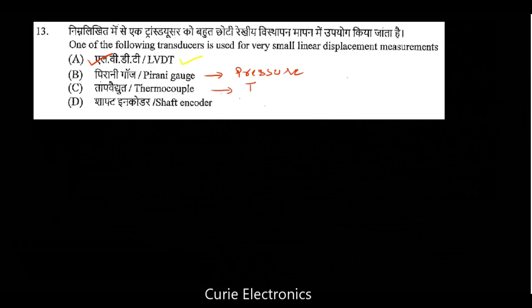Thermocouple is for temperature, and works on the principle of the Seebeck effect. Shaft encoder is an optical encoder, a digital transducer.